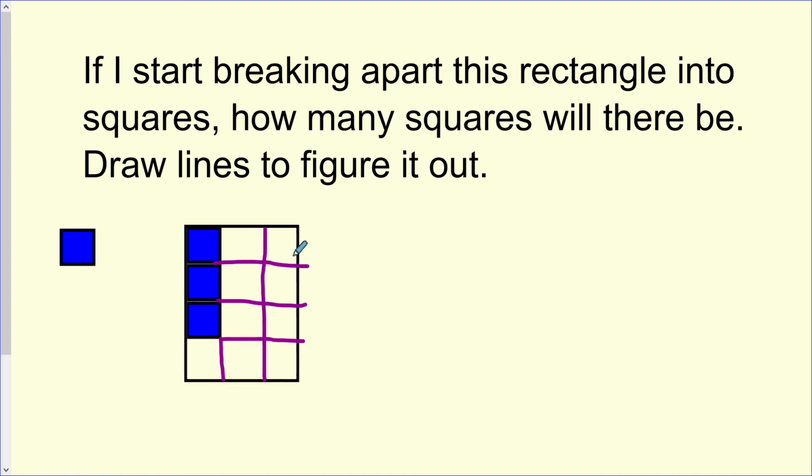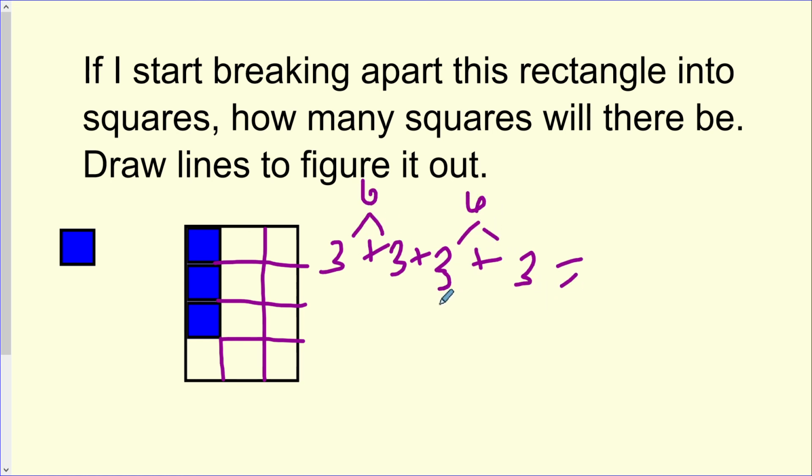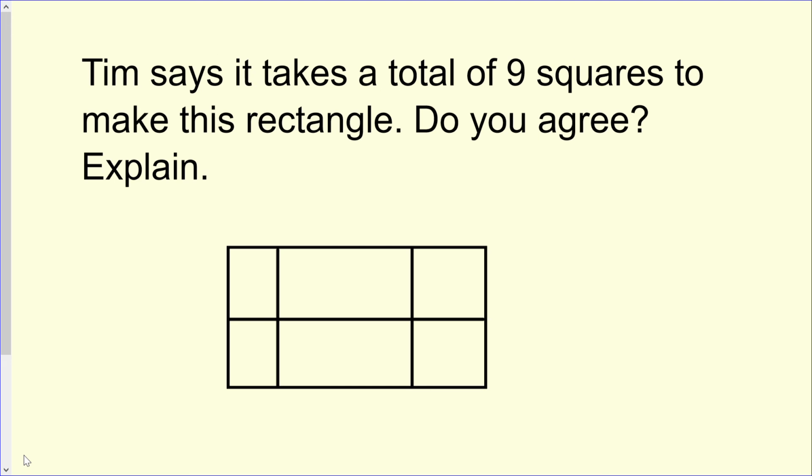Well, I have 3 for my equation plus row 2 has 3, row 3 has 3, row 4 has 3. So I have 3 and 3 is 6, 3 and 3 is 6, and 6 and 6 is 12. 12 squares.